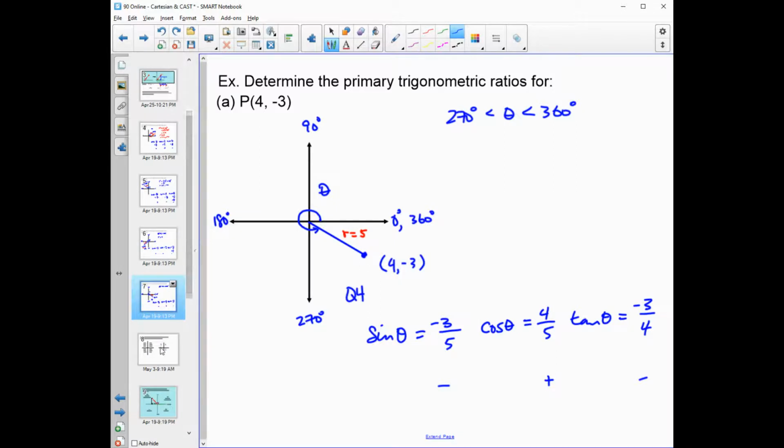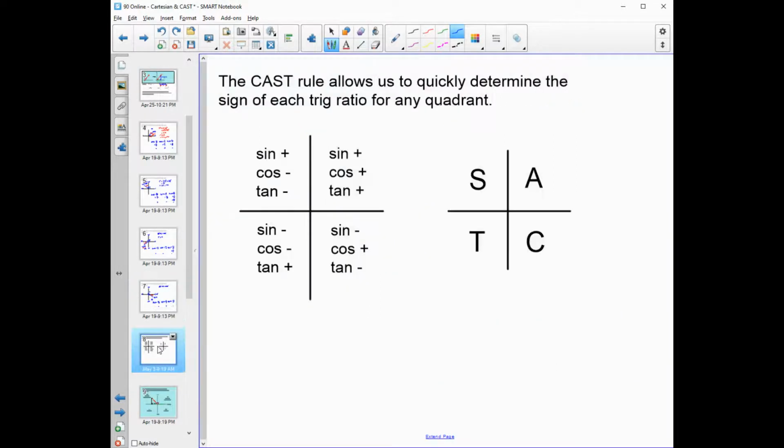And that pattern is the basis of something called the cast rule. The cast rule is like SOHCAHTOA. It's a mnemonic, a little pattern to help us remember. It's drawn in kind of an odd way, but you do it enough times and you learn this pattern.